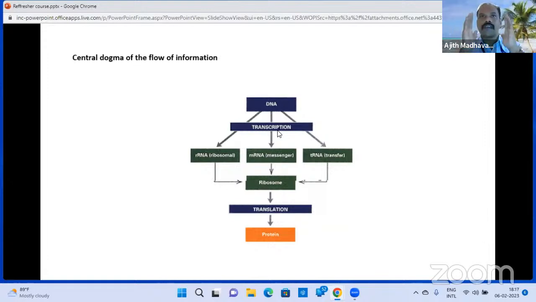This flow of information was in fact proposed by none other than Francis Crick, the co-discoverer of the double helical structure of the DNA molecule. But it's very interesting to ask whether the flow of information is unidirectional, whether it always moves from DNA to RNA to protein. So far, total reversal of the information is not seen in biological systems, but partial reversal is seen.